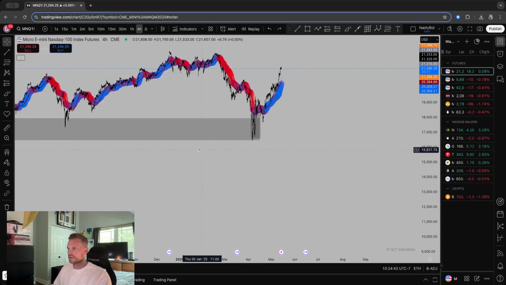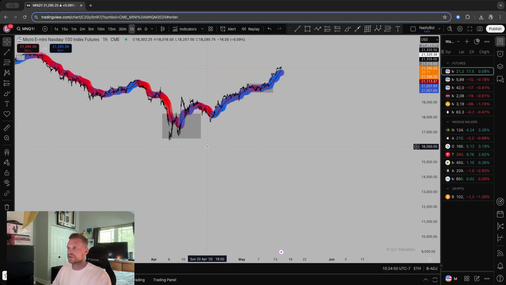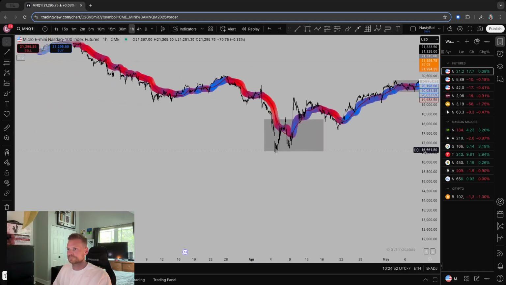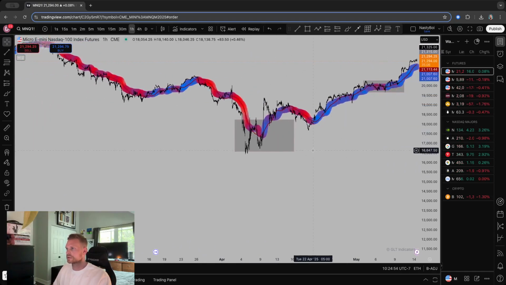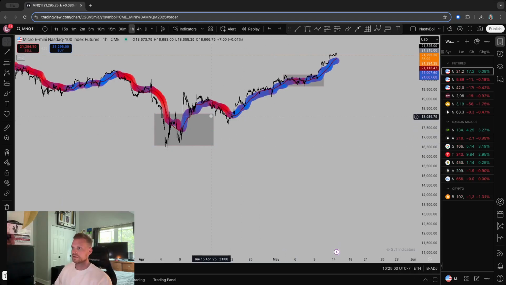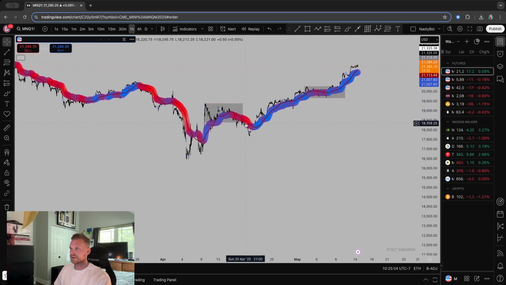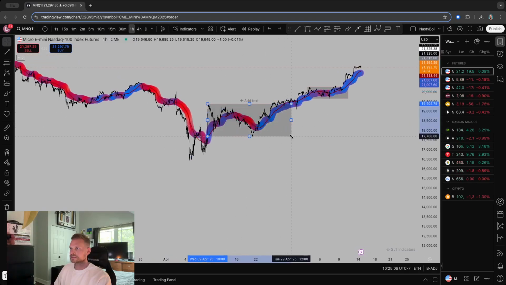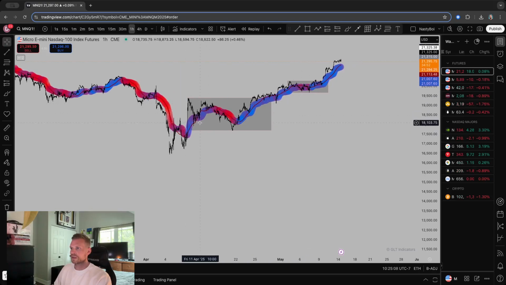But at the bottom here, what I want to show you is we have an accumulation, right? So price is moving back and forth, and it's the beginning of a reversal, right? Now, a reaccumulation is when price comes back down against the intended trend and reaccumulates orders, right?